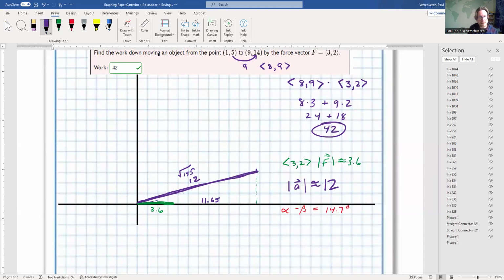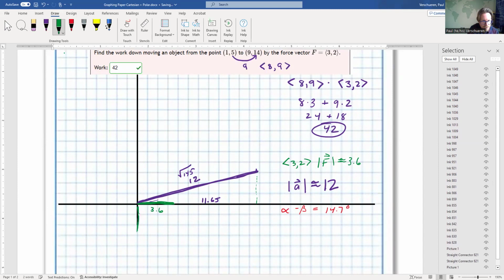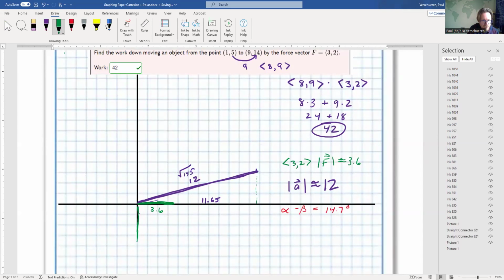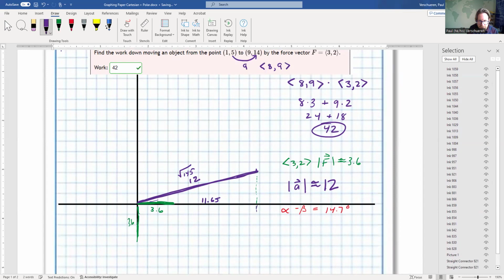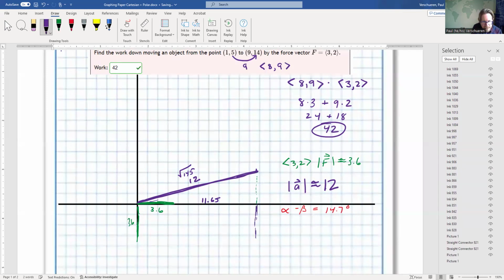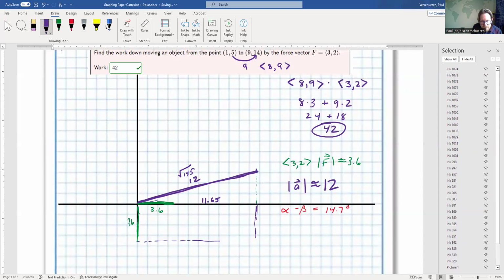Really watch this: if I look at this 3.6, I'm going to rotate that so it creates a vertical line instead. And then I look at this 11.65 distance and drop it to that same 3.6.